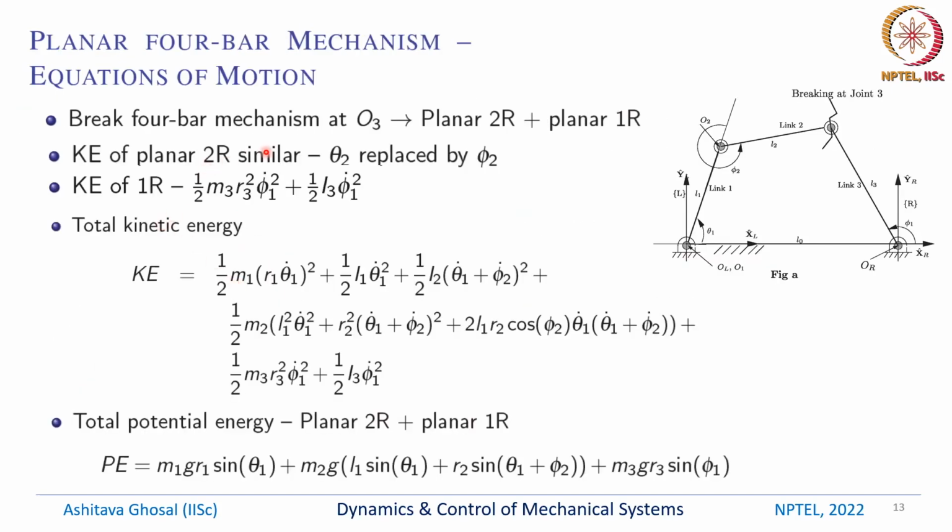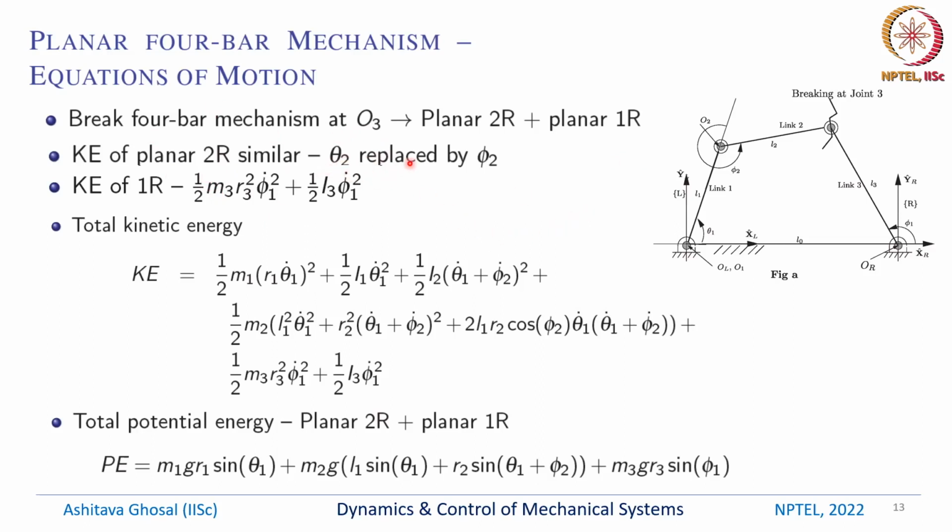So we break this 4-bar at O3. So we have a planar 2R and a planar 1R system. 2R means two links connected by two rotary joints, and this other one is a planar 1R, which is similar to a pendulum. The kinetic energy of this 2R is very similar to what we derived earlier.